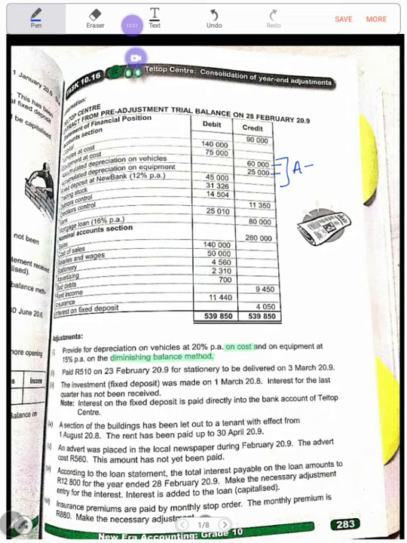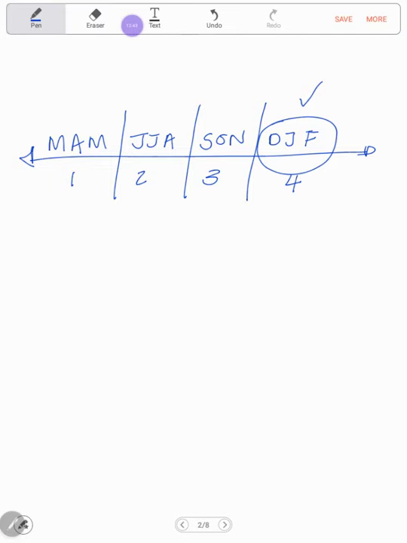So I'm going to go to my investment, and you'll see that the fixed deposit's interest is worth 12% per annum. Alright, so I'm going to go to that.